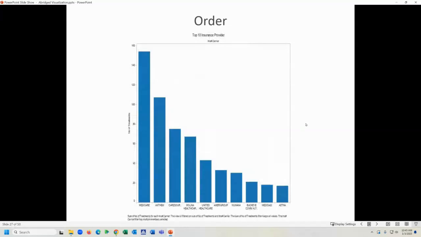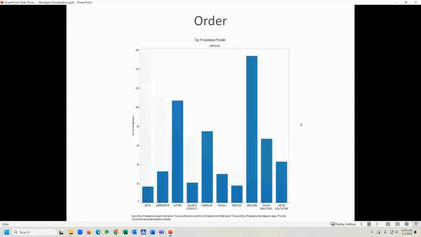In JMP, you'll find if you right-click on the horizontal axis, the x-axis, if they're categories, it will give you the option to order either ascending or descending order. And it's much better display when you order it.